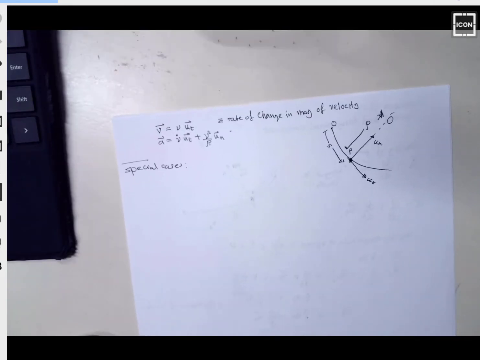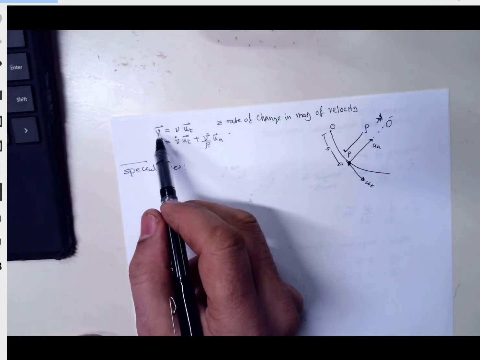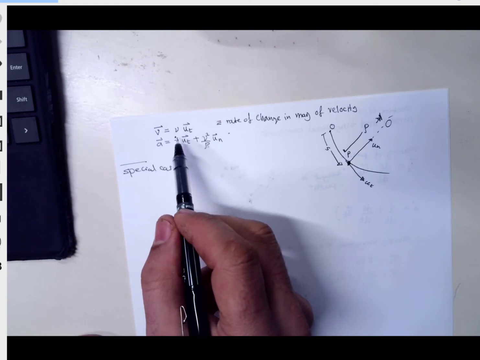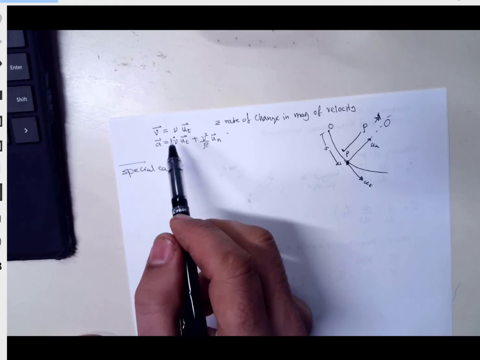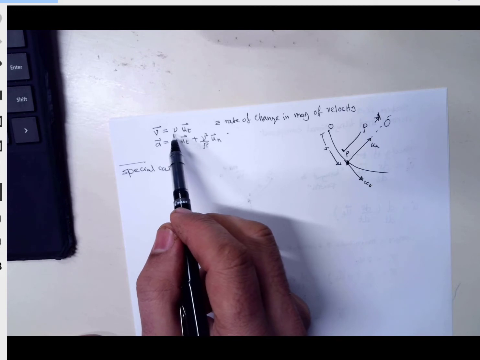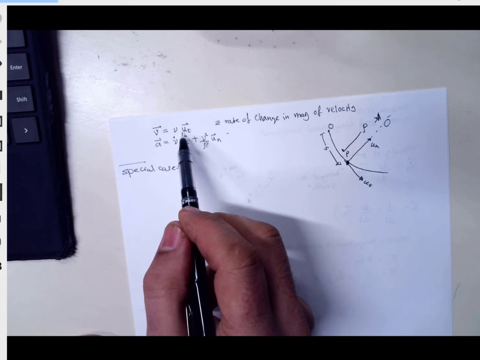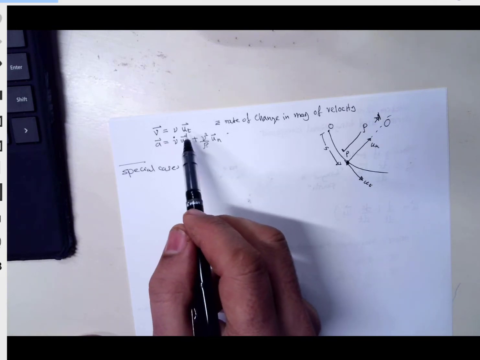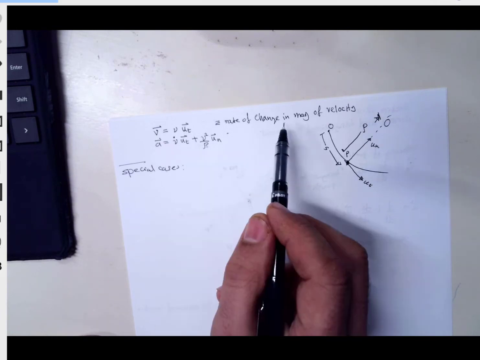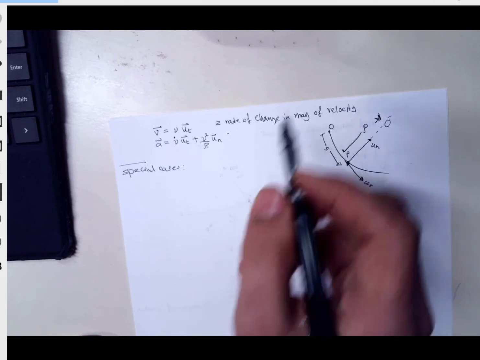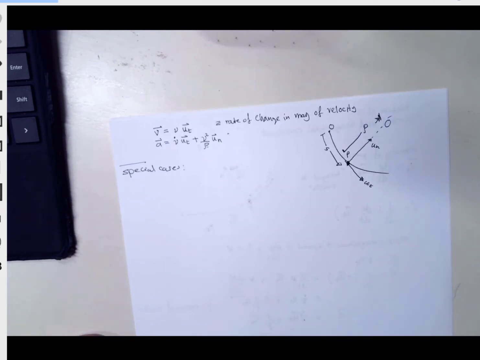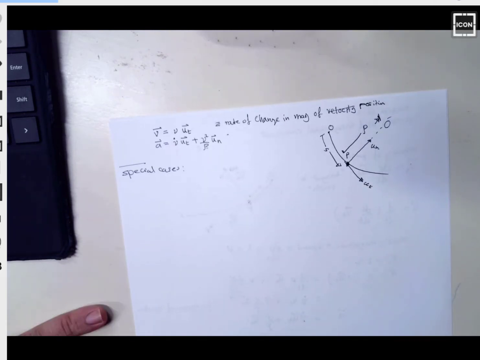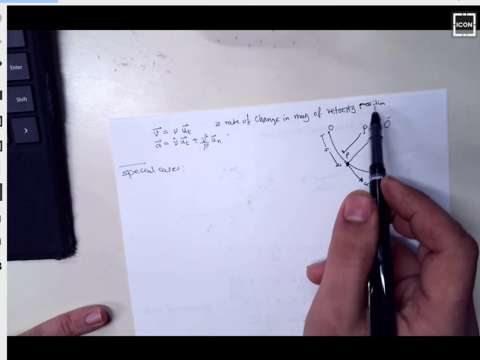In summary, the velocity vector can be decomposed into normal and tangential components, where it is equal to the speed multiplied by the tangential direction, and this represents the rate of change of the position.